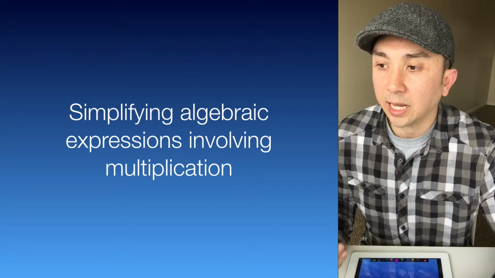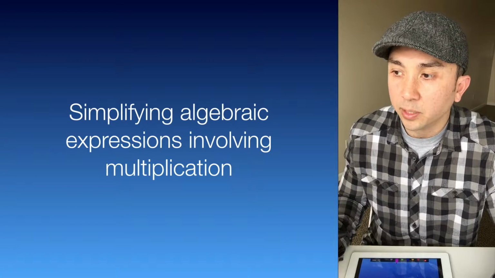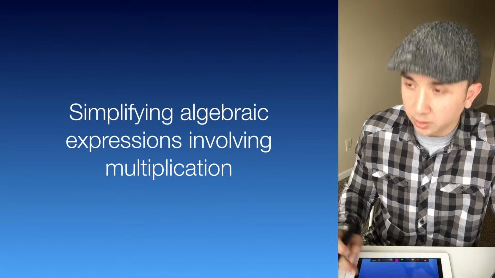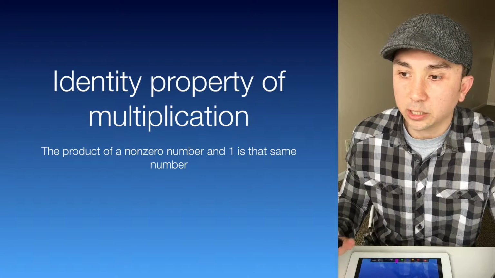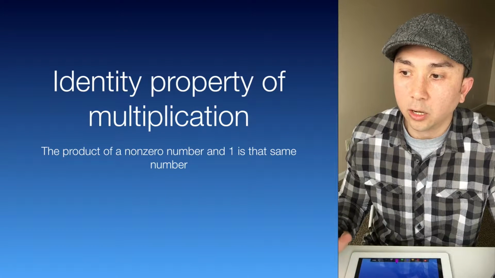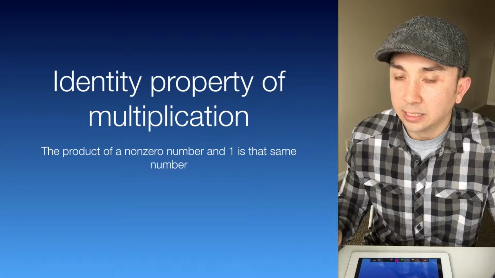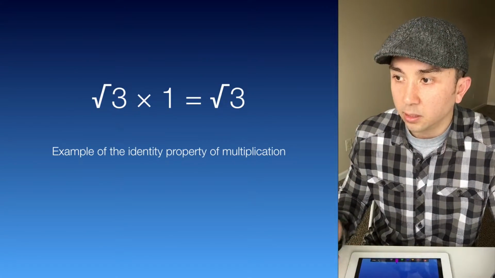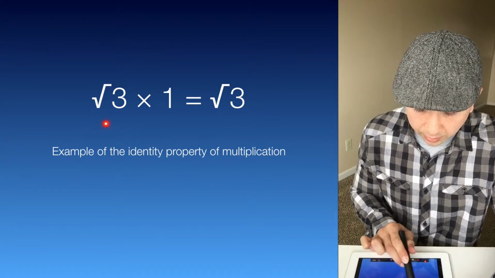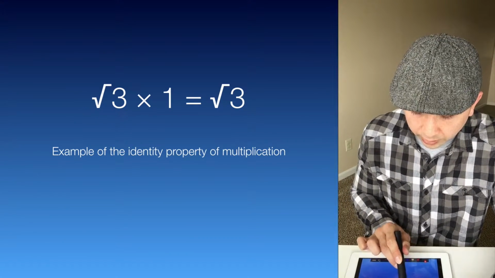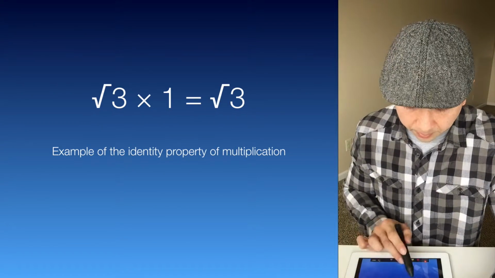Simplifying an algebraic expression involving multiplication. Let's go over simplifying algebraic expressions involving multiplication. The identity property of multiplication states that the product of a non-zero number and 1 is that same number. For example, the square root of 3 times 1 is just that same number, the square root of 3.